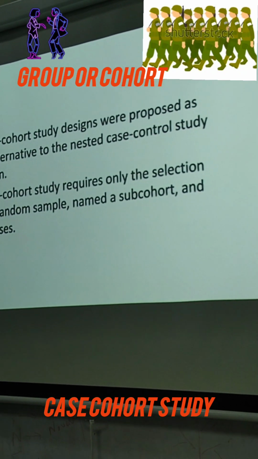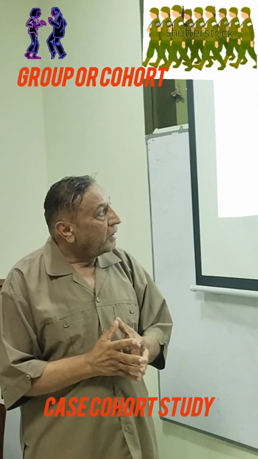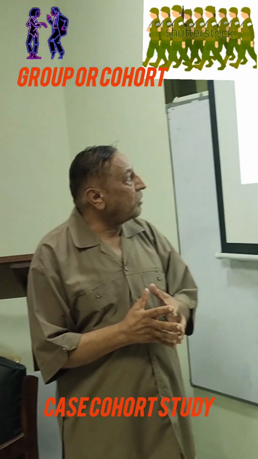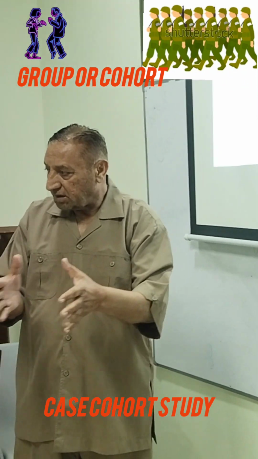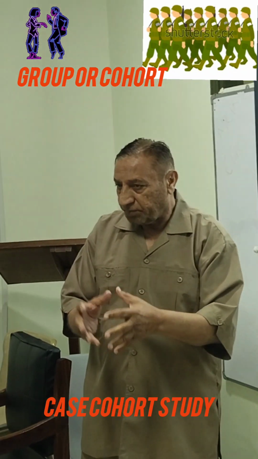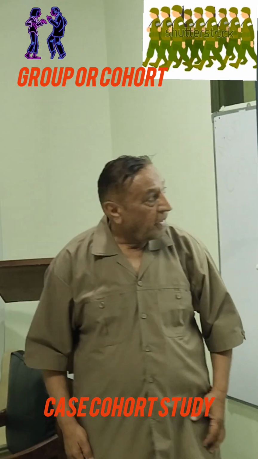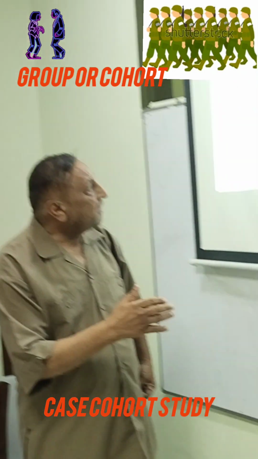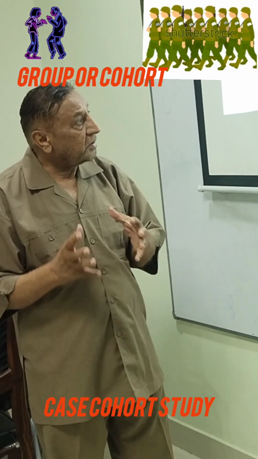Case cohort study requires only the selection of a random sample named a sub-cohort and all cases. So you will select the sub-cohort, means a portion of the cohort. We will show you in the next diagram. And that is important. So that can be the second question, that what is a sub-cohort.